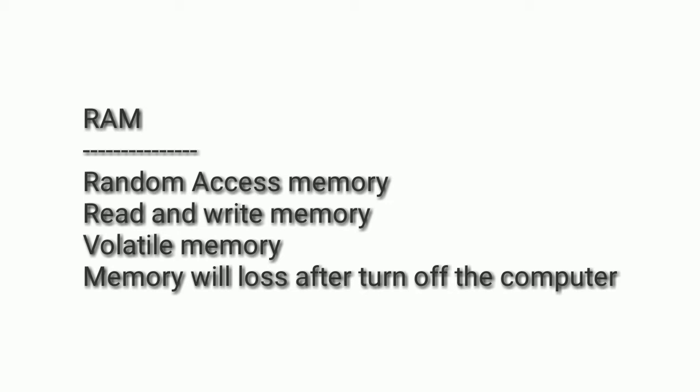Then it acts as a read and write memory, which means data can be accessed from RAM and stored to RAM. Both reading and writing are possible, so it is a read and write memory.